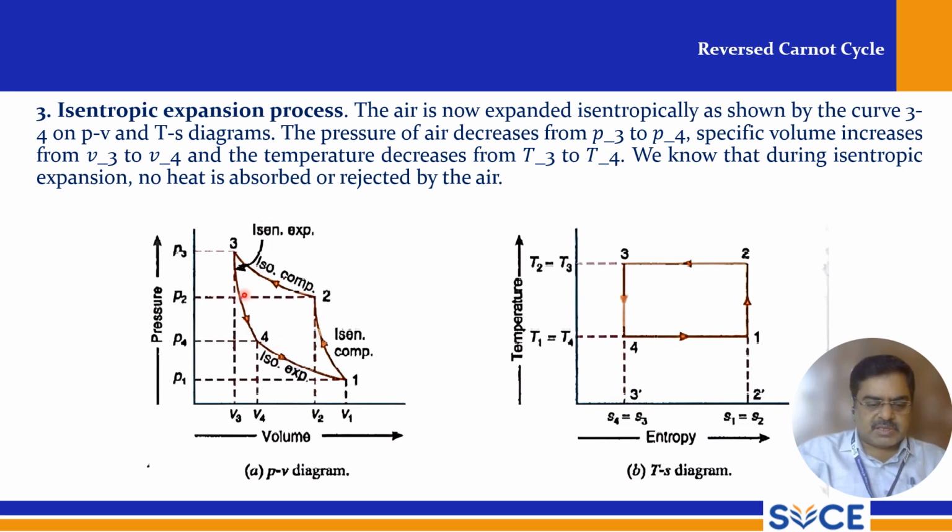Here you see the volume is getting increased from V3 to V4 marginally. It is a small increase in volume, and temperature decreases from T3 to T4. There is a drop in temperature. We know that during this isentropic expansion, no heat is absorbed or rejected by the air, so there is no change happening to the heat.